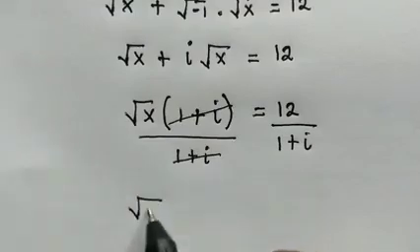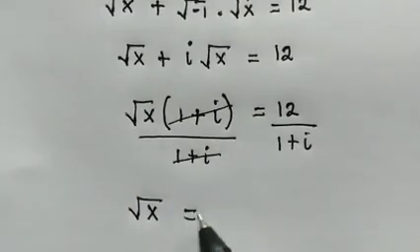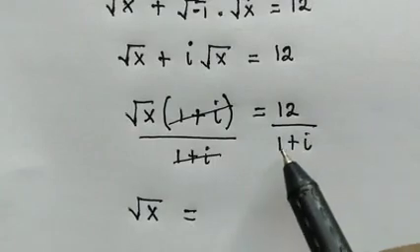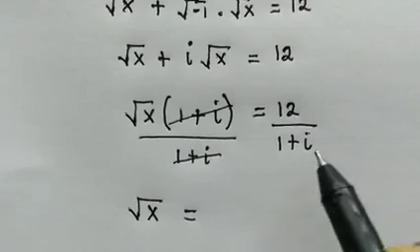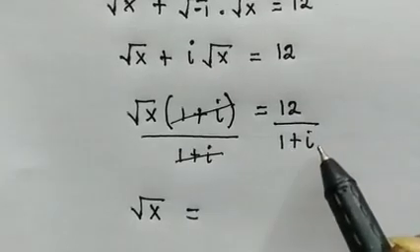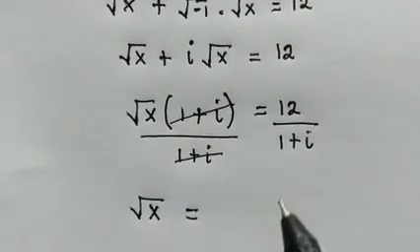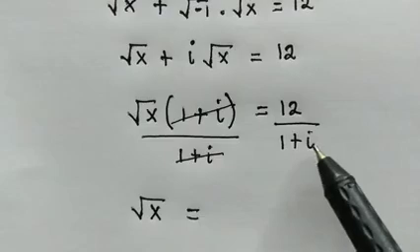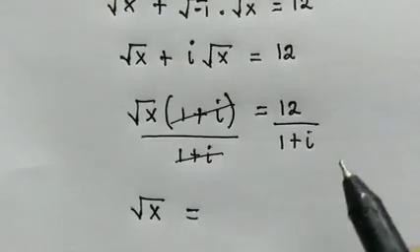So this will be equal to, here we're going to rationalize by the conjugate form of the denominator. We know the conjugate form of 1 plus iota is 1 minus iota. So we're going to multiply the numerator by the conjugate form and also the denominator by the conjugate form.